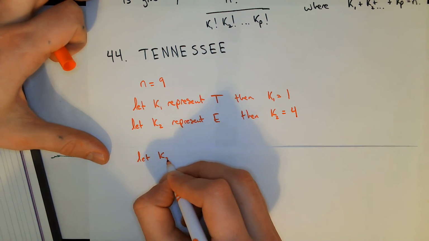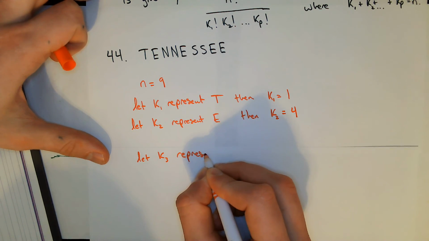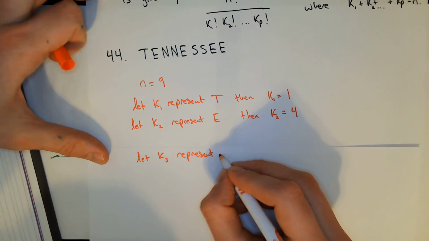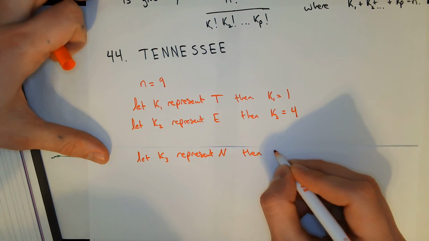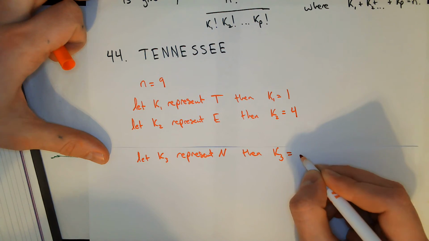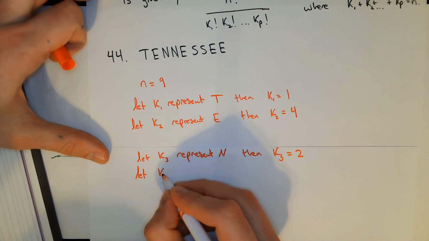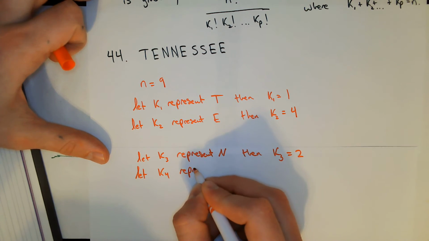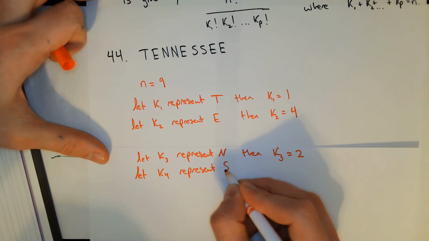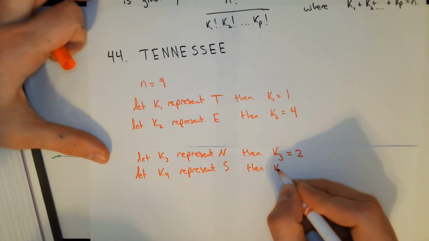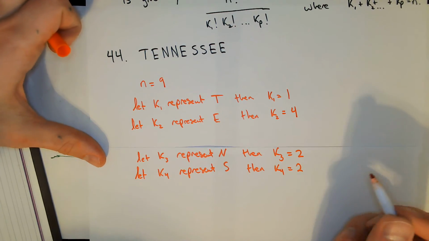Let K3, and I'm just going to go until I run out of things to organize. K3 equals 2, because there are 2 N's. And then finally the last letter is S, and there are 2 of those.